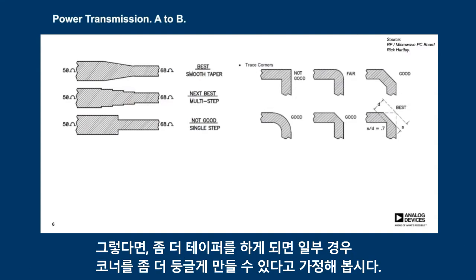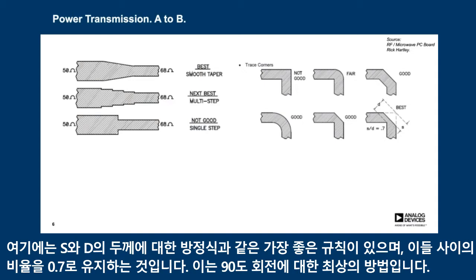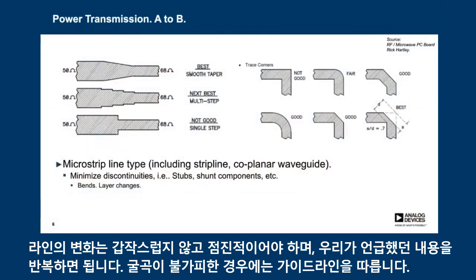And then as we taper it a bit more, we make these corners a little rounder in some cases, although there is a rule here for the best one, which is to follow this equation here for the thickness of S and D, and to keep the ratio between these at a value of 0.7. This is the best 90-degree turn that we can make. So changes in the line width should be gradual rather than sudden, just to reiterate what we are saying. And if bends are unavoidable, then follow the guidelines.